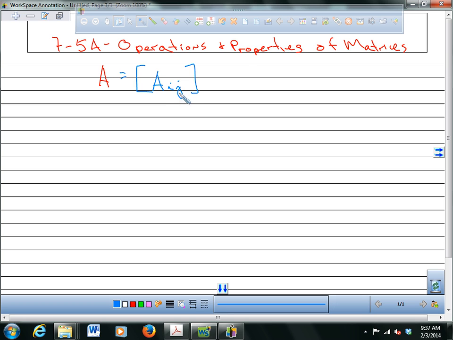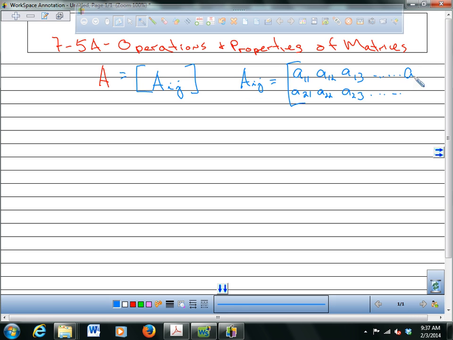For instance, A sub i j might correspond to the matrix A11, A12, A13, A21, A22, A23, dot, dot, dot, until you get down to some letter down here.